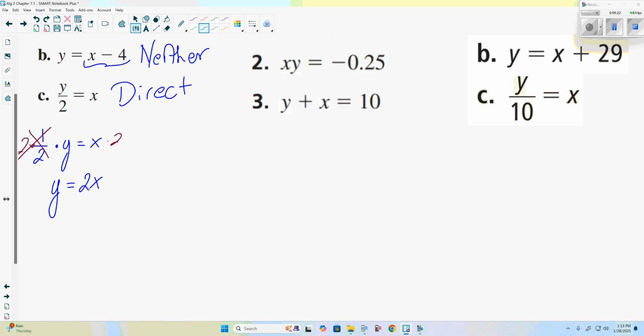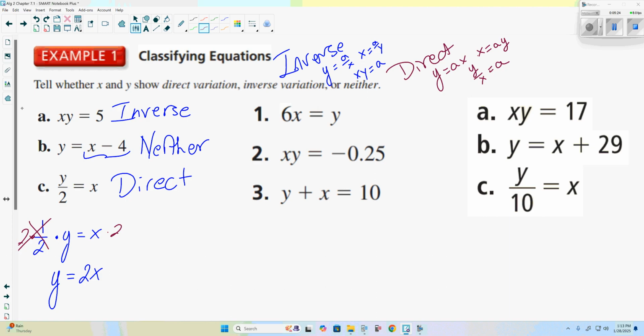Not too bad. Let's look at 1, 2, 3. Number 1: 6x equals y. So y equals a over x, equals a over y, x times y equals a for inverse. Does it match up to one of these three? Or does it match up to one of the direct ones? Because we have a number times x, yes?